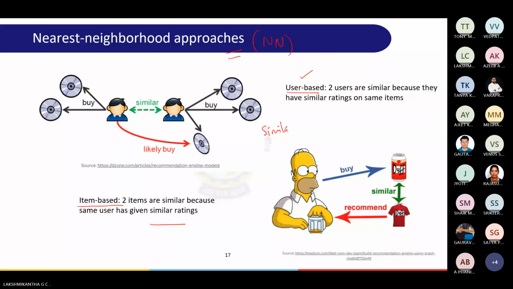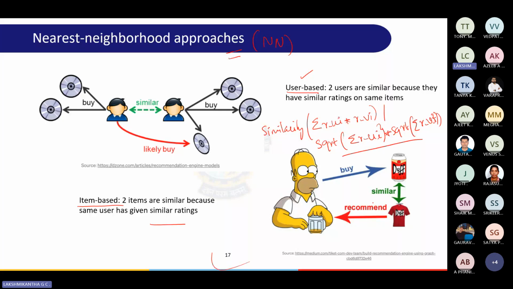Then you pass a formula: summation of R_ui into R_vi, divided by the square root of summation R_ui squared, into the square root of summation of R_vi squared. This is the one formula we are going to use to compute similarity.